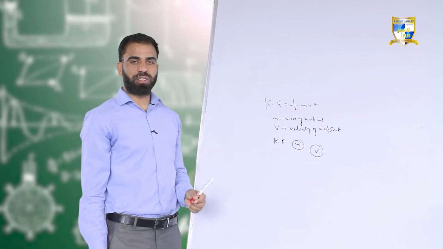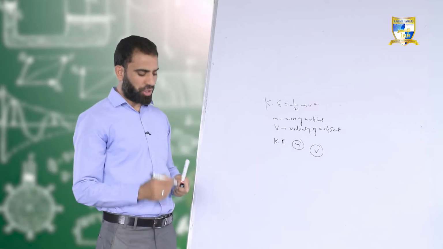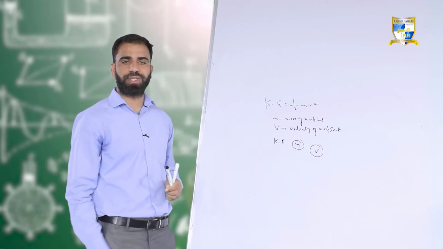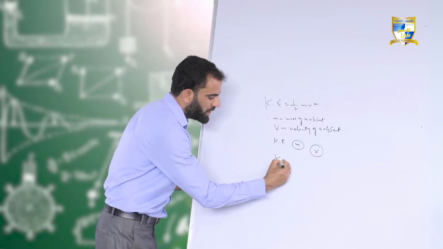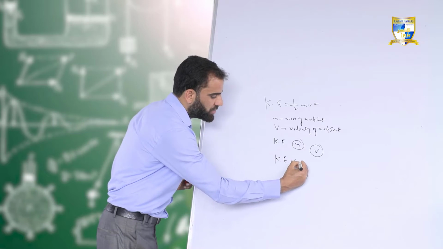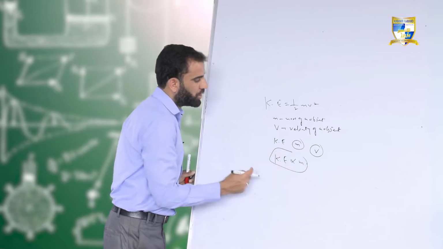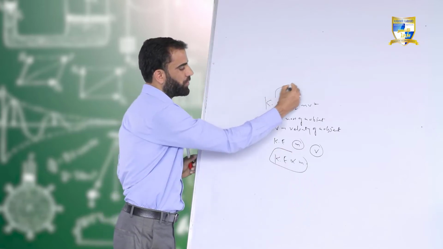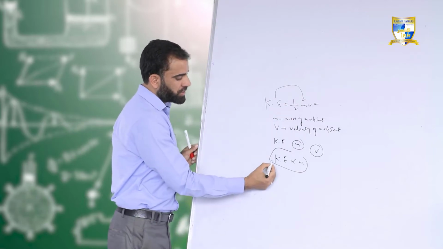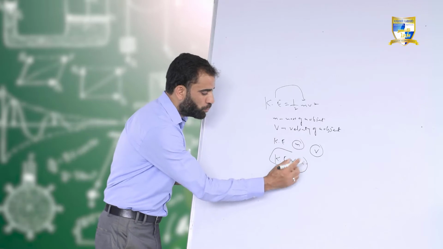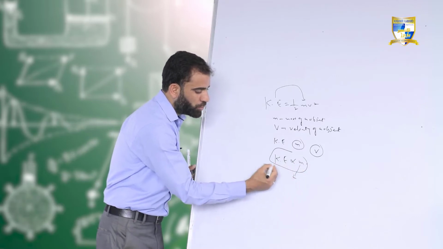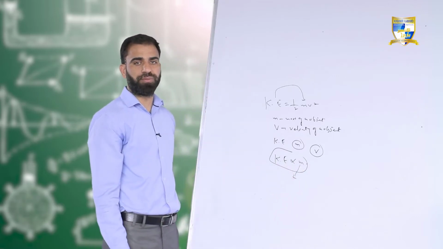When we have the mass and the velocity, we will be able to calculate its kinetic energy. So what is their relation? What is the relation between kinetic energy and the mass of an object? As you can see from this formula, kinetic energy has a direct relation with the mass of an object. That means the more the mass of an object, the more the kinetic energy.